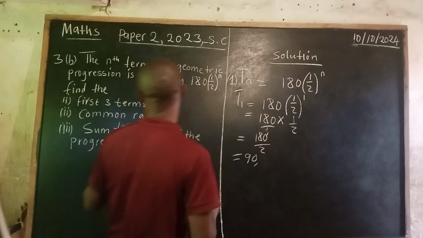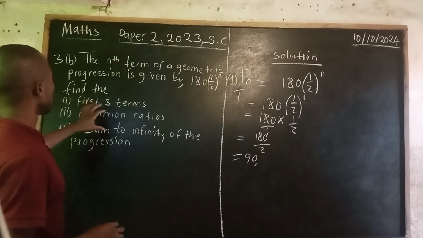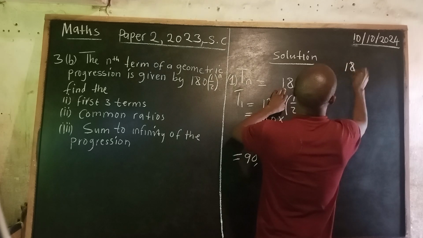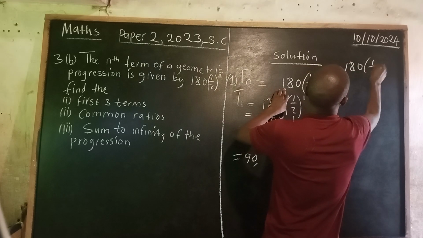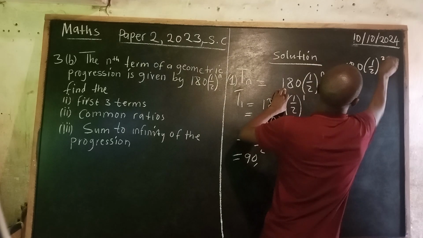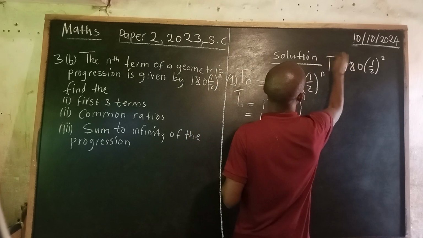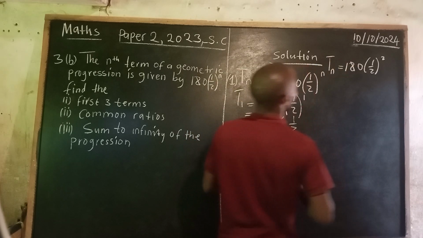Then we go to the second term, because the question says the first three terms. Again for the second term, you write 180, and where there is n you put 2.